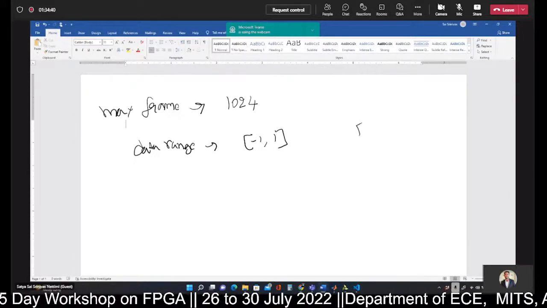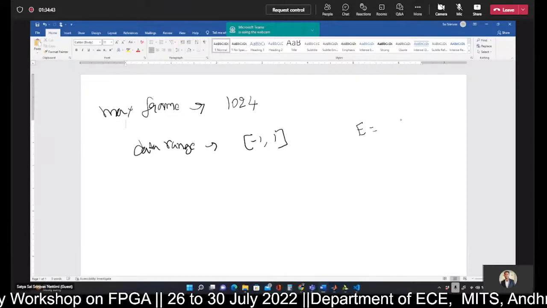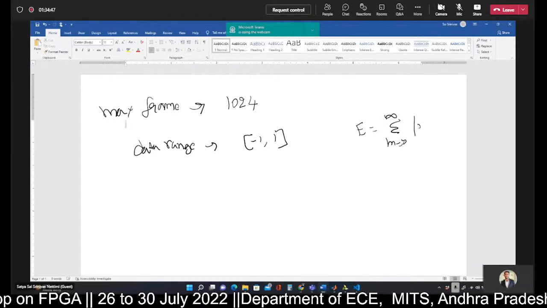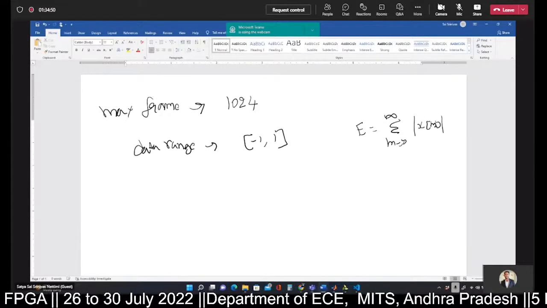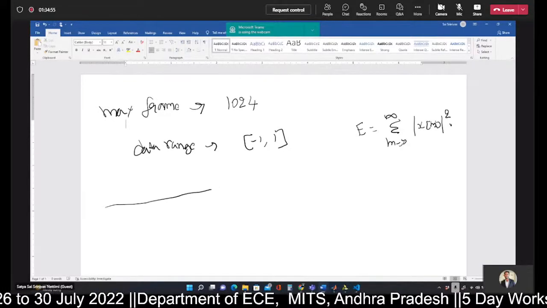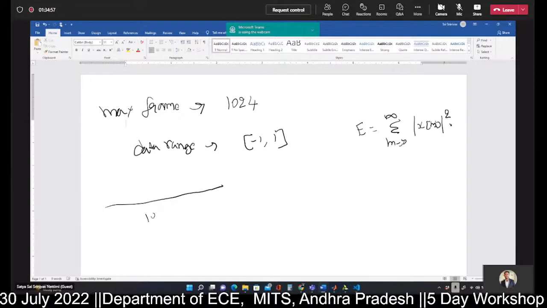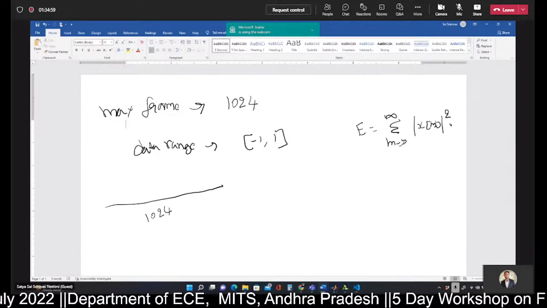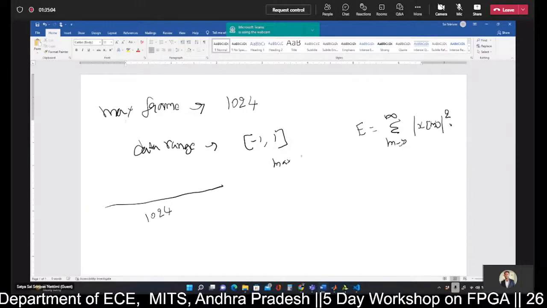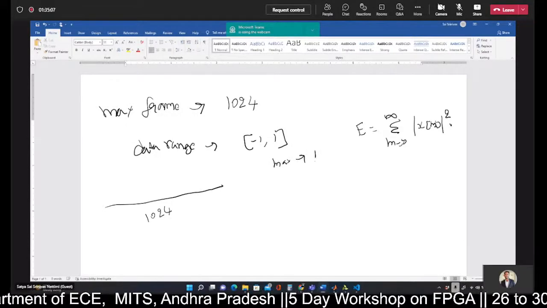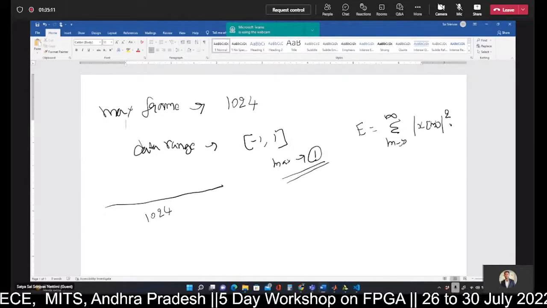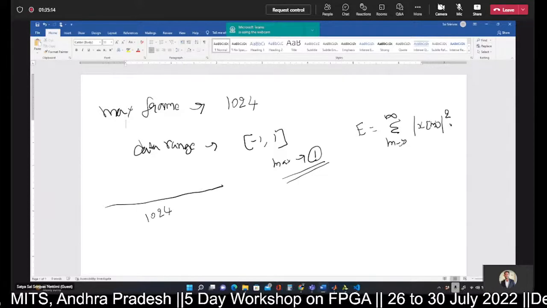And you know that energy is nothing but the summation of m equal to 0 to infinity of x of m whole square. Now say for example our frame size is 1024, and what is the maximum value that a frame sample can have? Maximum value is 1, since the data range is -1 to 1.